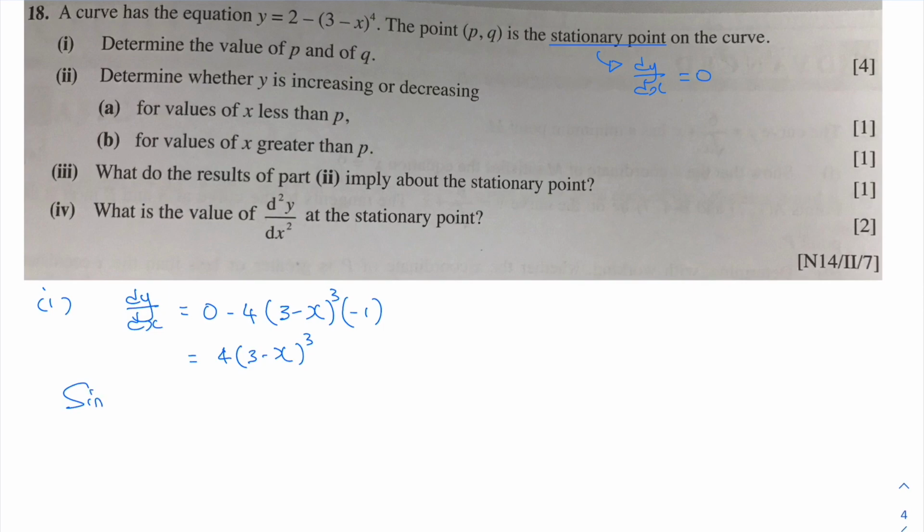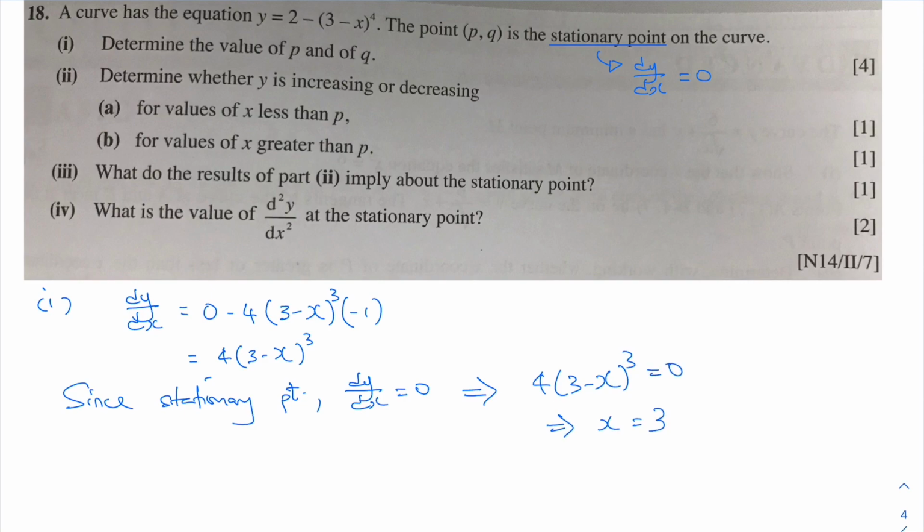Since it is a stationary point, dy/dx equals 0, therefore 4(3 minus x) cubed is equal to 0. That means x equals 3. When x equals 3, what's the value of y?